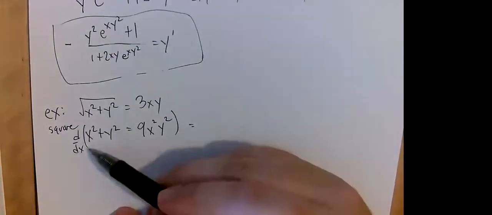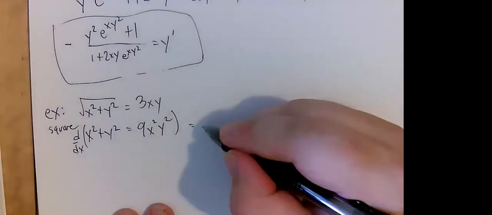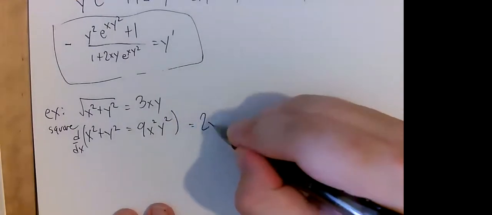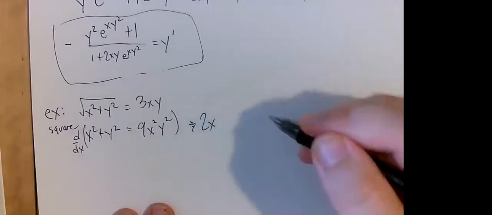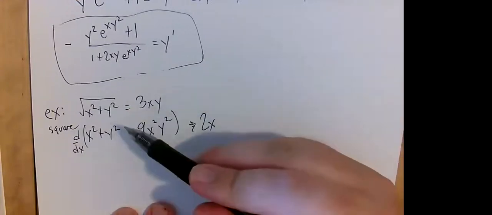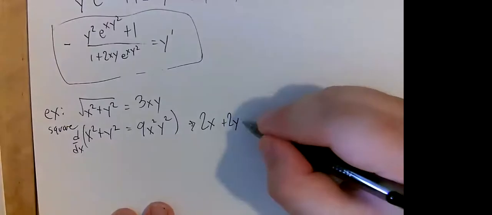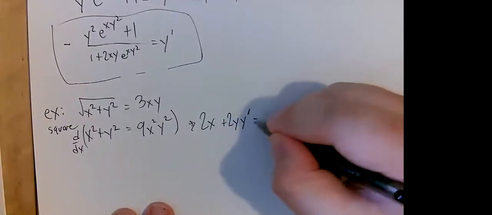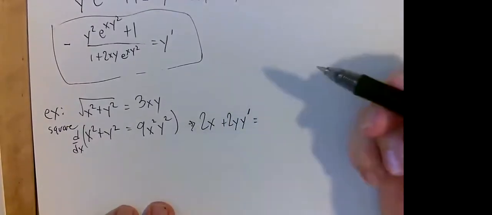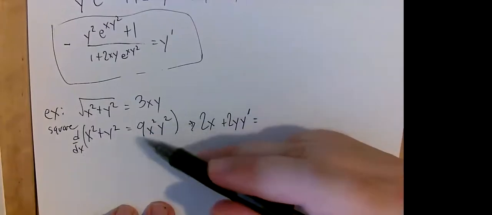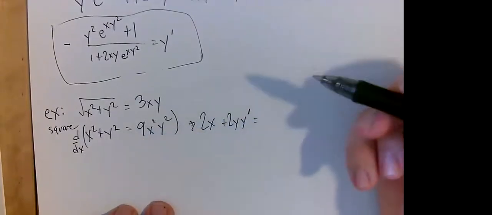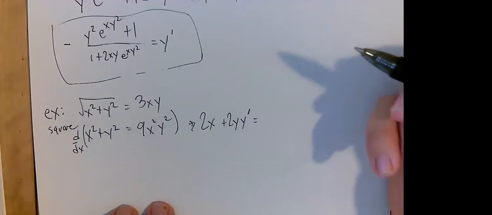Okay, so I'm going to do the derivative with respect to x of x squared. That will give me 2x. I'm going to do the derivative of y squared. That'll give me 2y, but then it was a derivative with y, so y prime. Then I'm going to do the derivative of 9x squared y squared, and that will again involve a product rule.